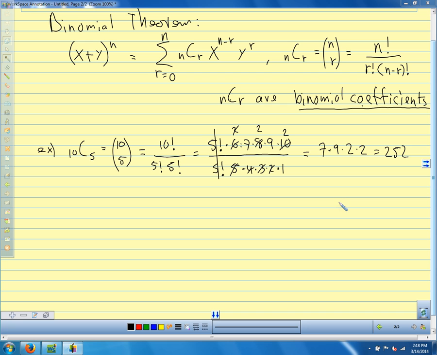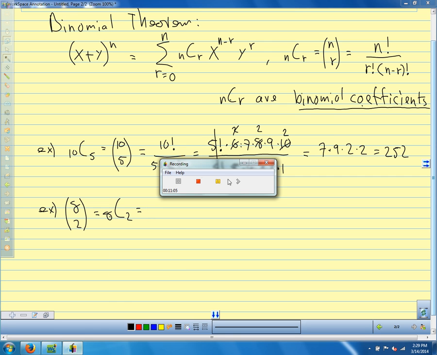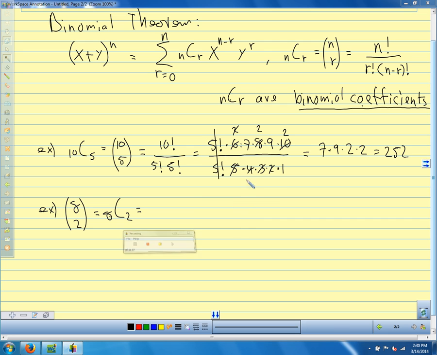Questions on what I did there? All right, let's look at another one, and then we'll talk about how we find these on our calculator. 8 choose 2 is the same thing as writing 8C2. So this is going to be 8 factorial over 2 factorial times 8 minus 2, which is 6 factorial.